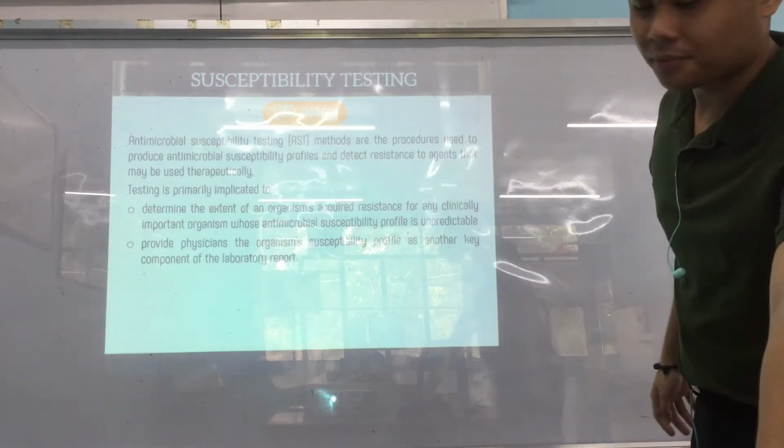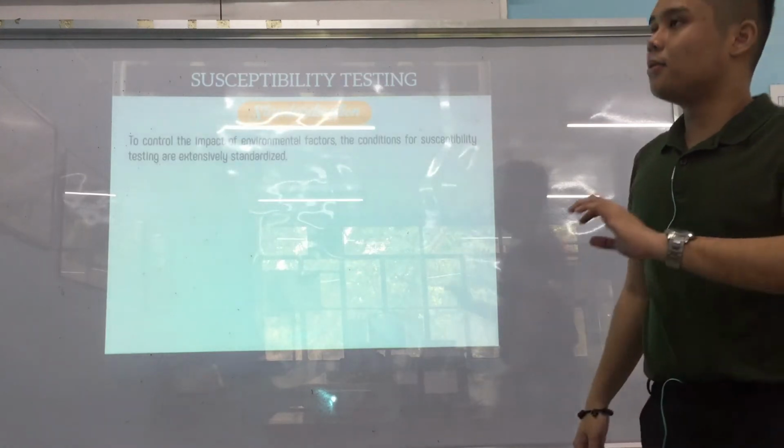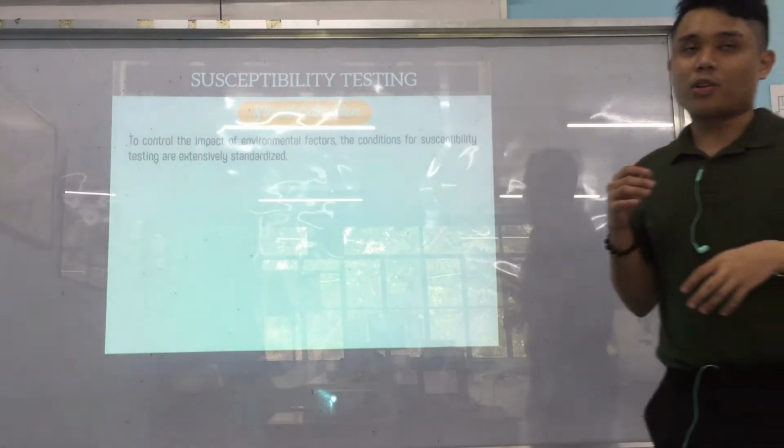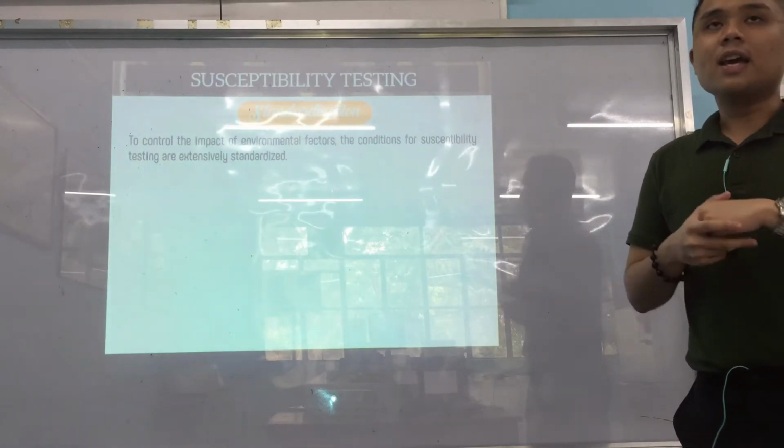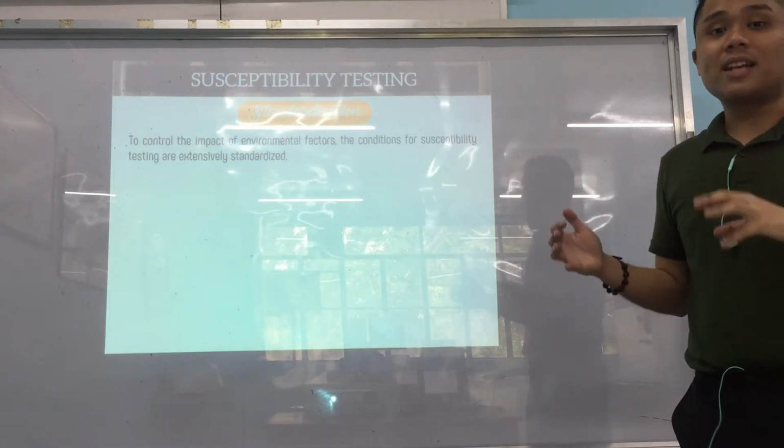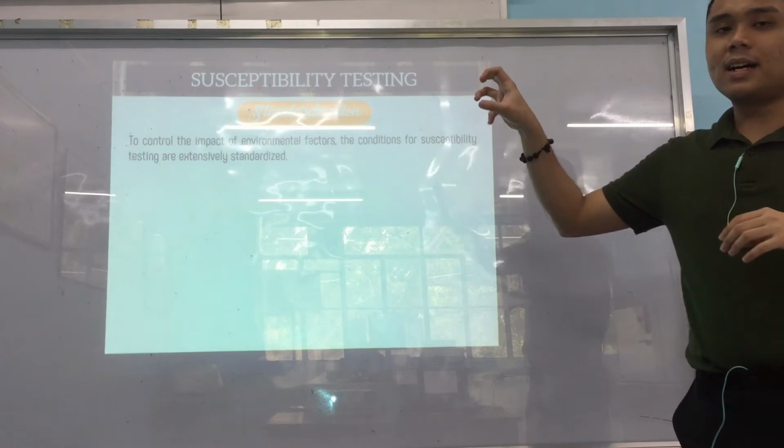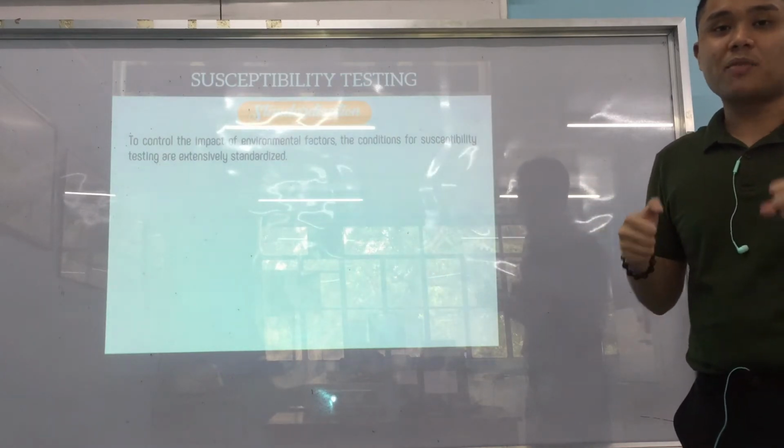Before we start with our assay, we first want to standardize. What is the importance of standardization? Standardization is important because it controls the impact of environmental factors.